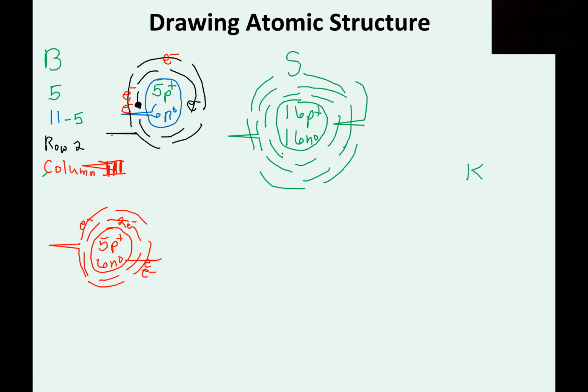You'll have 2 electrons in the first shell, 8 electrons in the second shell, and you'll have 6 electrons in the third shell because that's the column it's in.